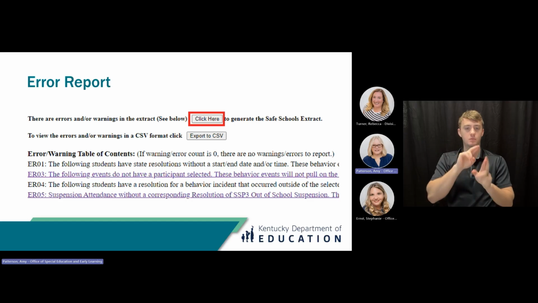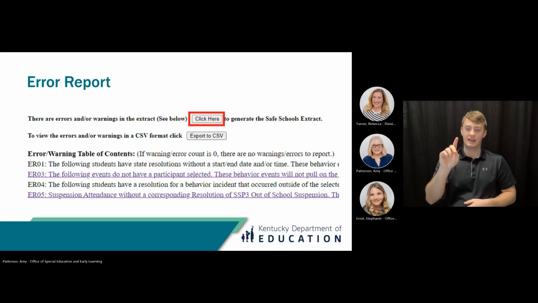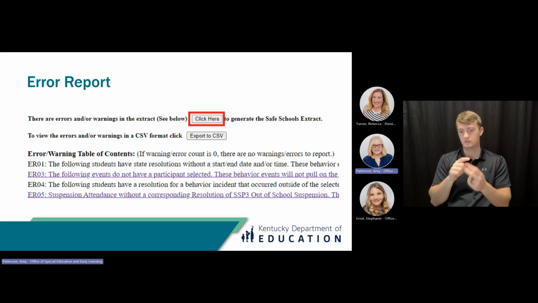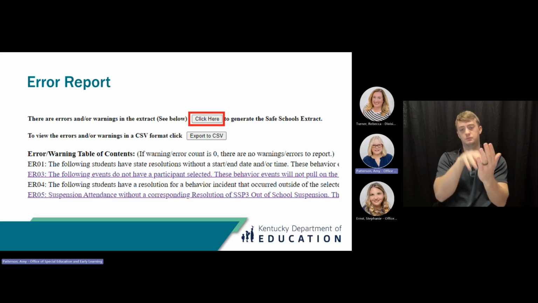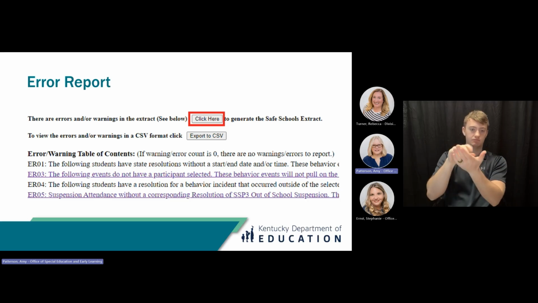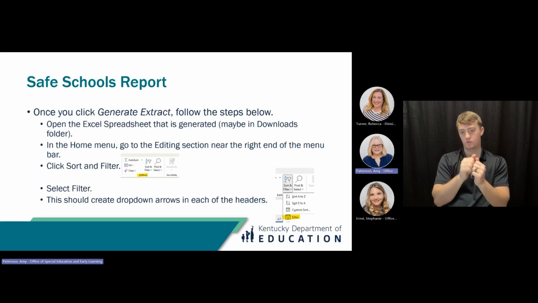This error report will show errors that will need to be cleaned up. Typically, that will be the administrators in the schools or the Safe Schools coordinator. Once you've gotten to the error report, click the Click Here button to generate the Safe Schools extract. That will give you a spreadsheet with all of the entries included.